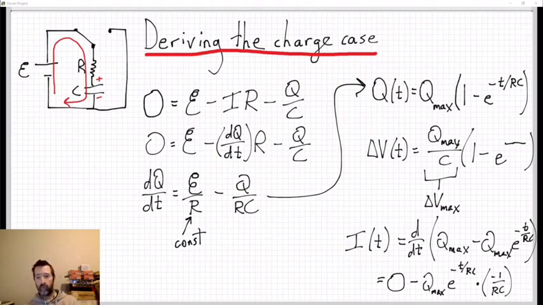So again, Q max over C, which is the voltage, has to be equal to E. So I've got E over R, but that's current. E divided by the resistance is the current you would get if the capacitor weren't there, which is the same thing as the initial current, or the maximum current. So the Q and the RC stuff, that's all there. It turns into the maximum current.